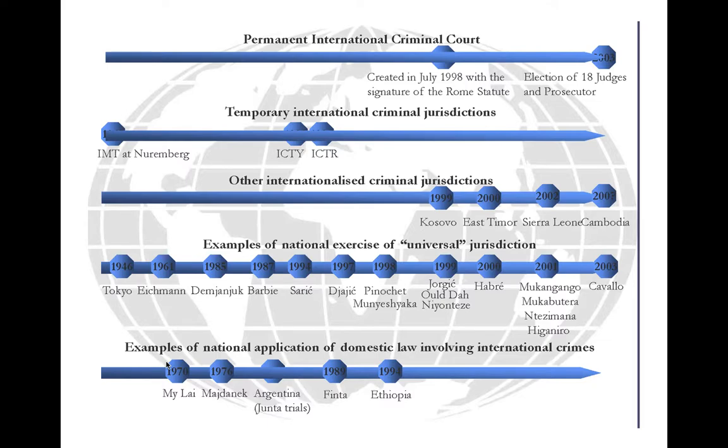An example is the military junta in Argentina, which during its dictatorship committed severe crimes and was accused of committing certain international crimes, and was then held accountable in its domestic context only. So these are some efforts where severe crimes have been sought to be addressed by the international community.